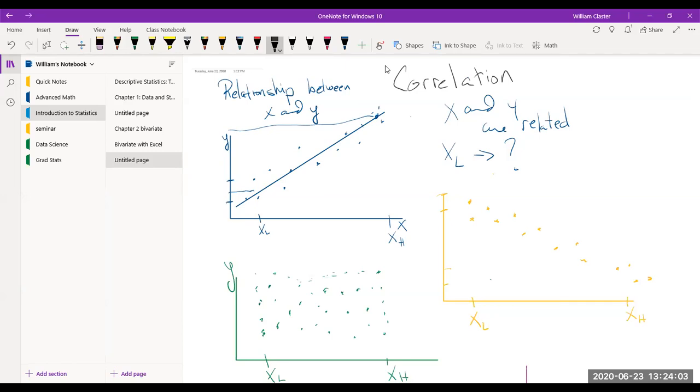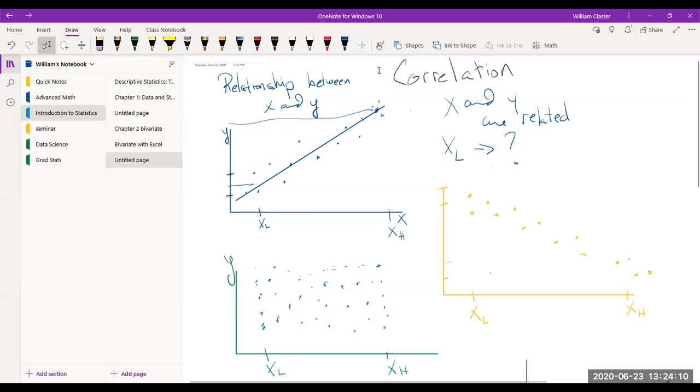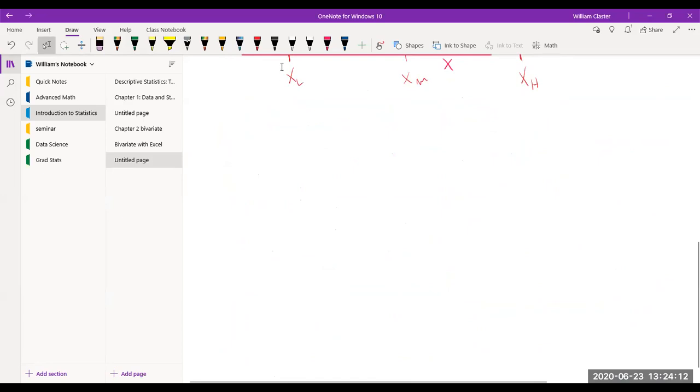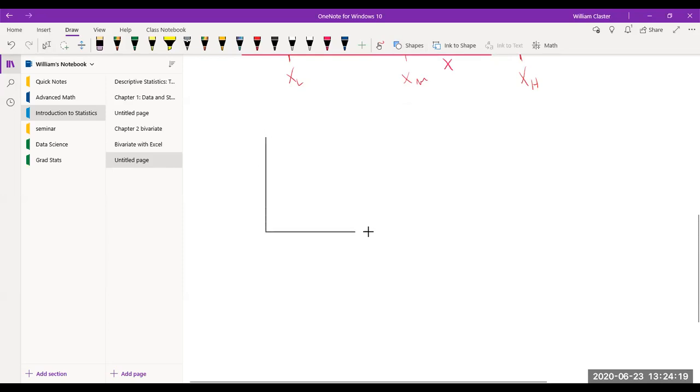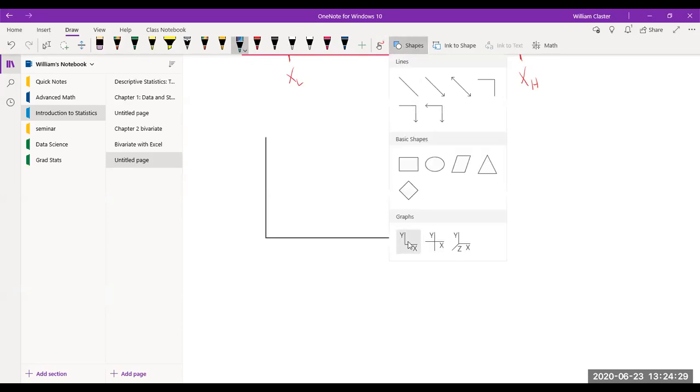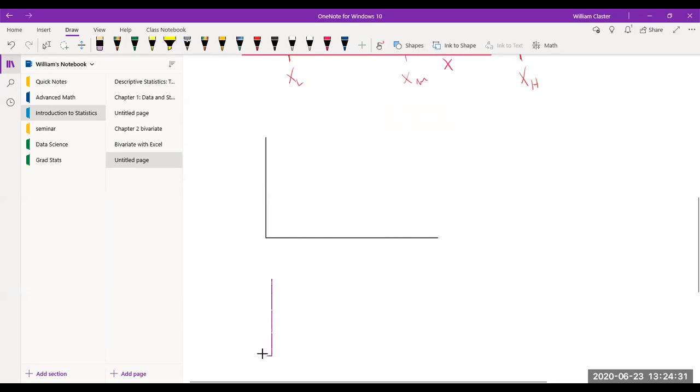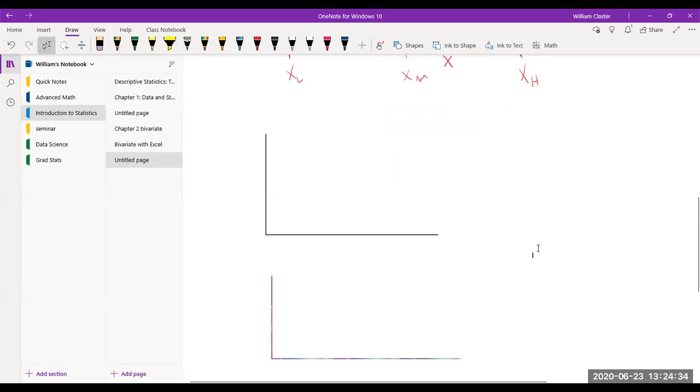Okay, so that word definitely has to do with the concept of relation. And so we may as well mention that now. Let's just give a brief explanation of correlation. So here's one graph, one set of data, and here's another. Let's say we're going to use blue dots.